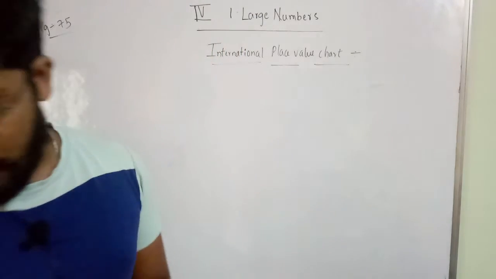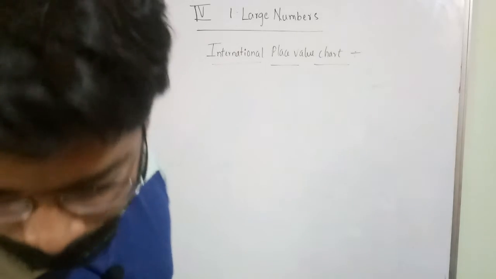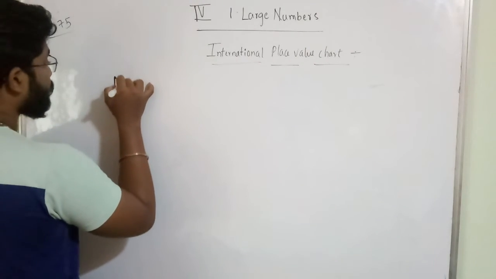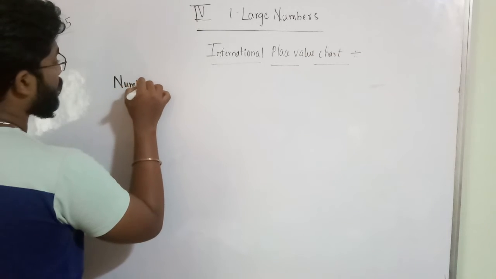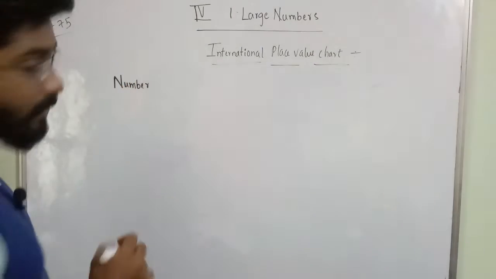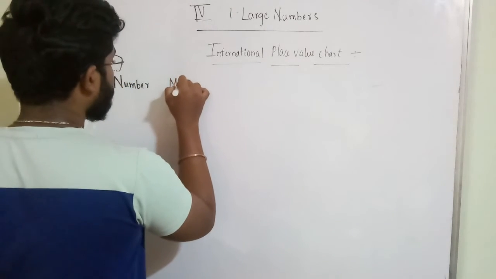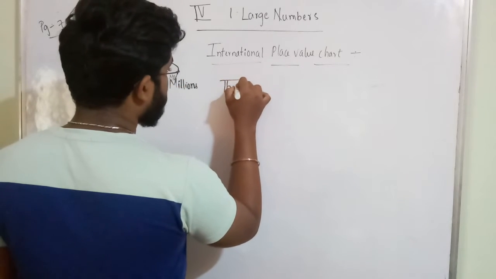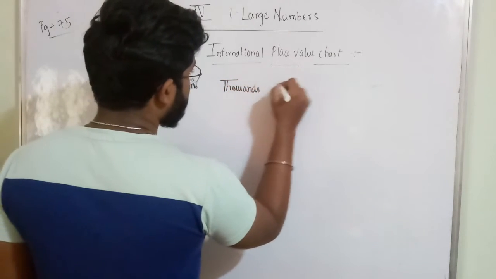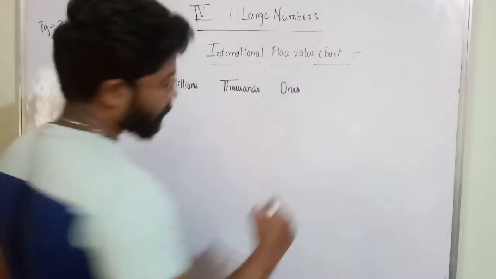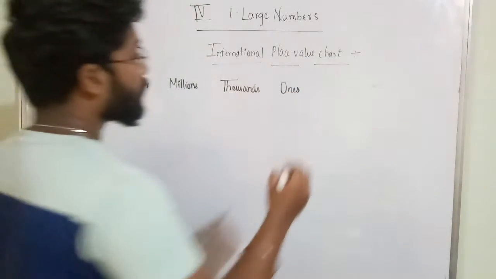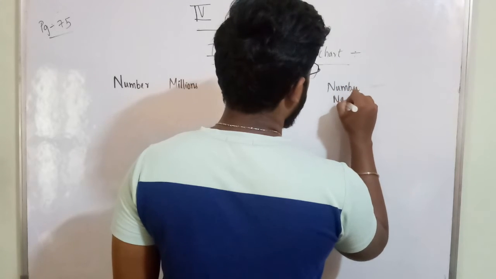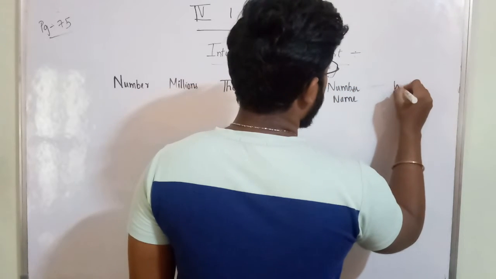Okay, so let us start this international place value chart. Number, next one is millions, next one is thousands, next one is ones, next is number name, next is written as.